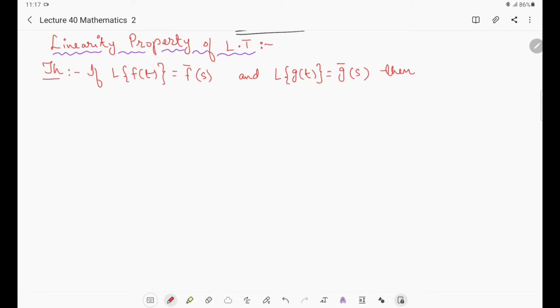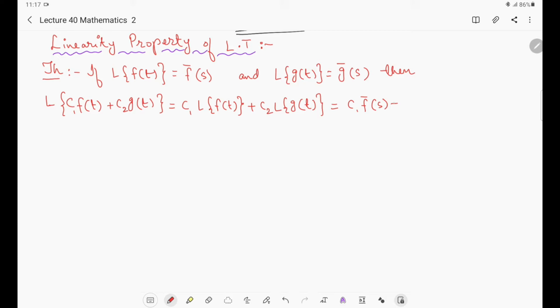Then the linearity property says that the Laplace transform of c1 into f of t plus c2 into g of t is c1 into the Laplace transform of f of t plus c2 into the Laplace transform of g of t, which is c1 into f bar of s plus c2 into g bar of s.